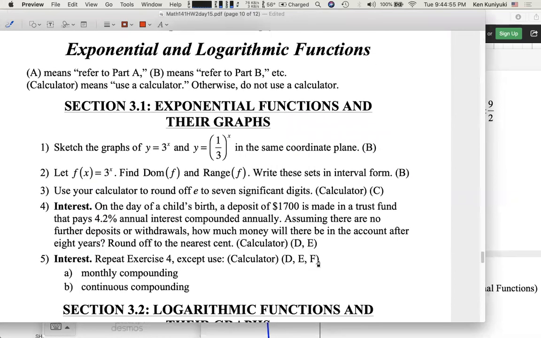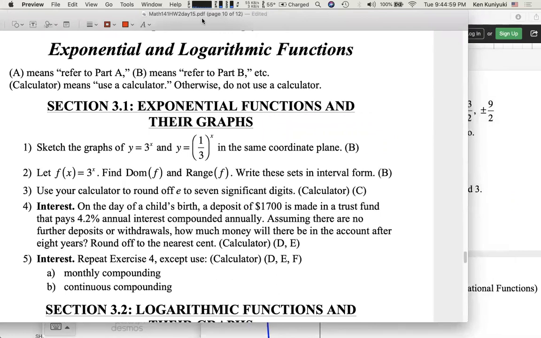Okay, so 3-1, 4, and 5. So here's what I might do. I might set these up, and then maybe you can use your calculator and calculate. So let's set these up. 3-1, 4, and 3-1, 5.